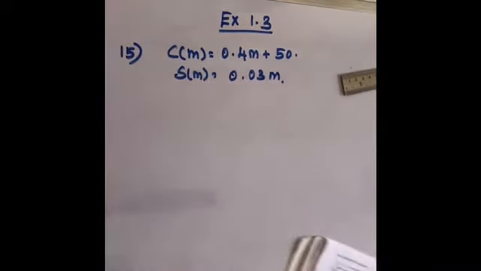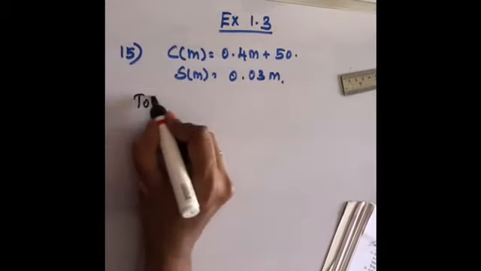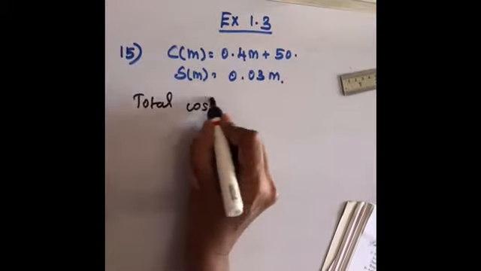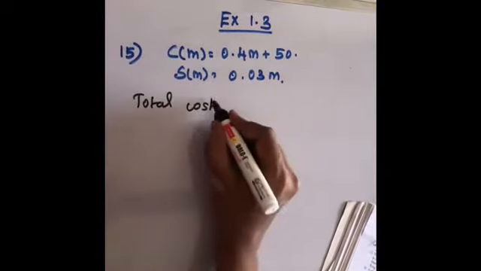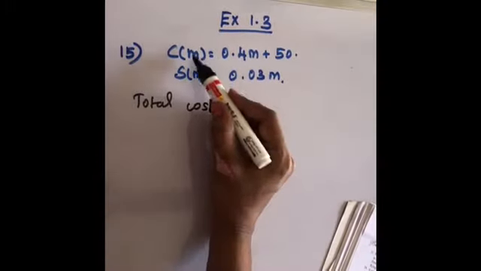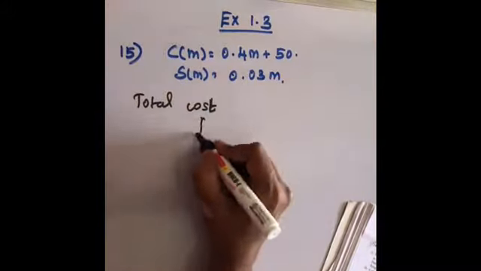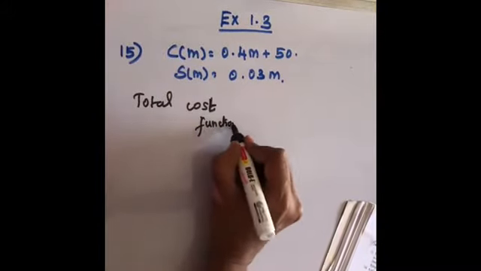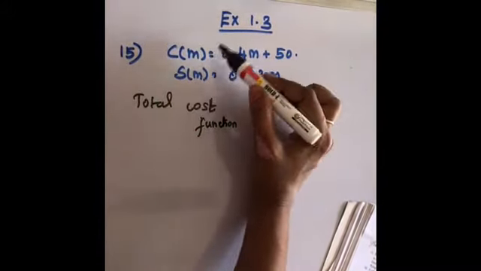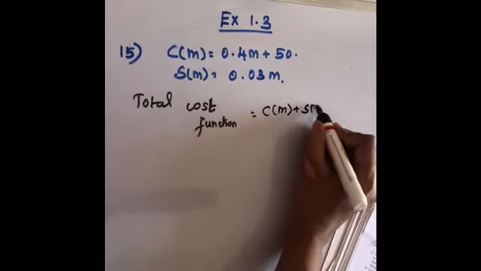So for the total cost of the ticket, we have to add the cost and fuel surcharge. So the total cost function is the addition of these two functions. Total cost function is equal to C of M plus S of M.